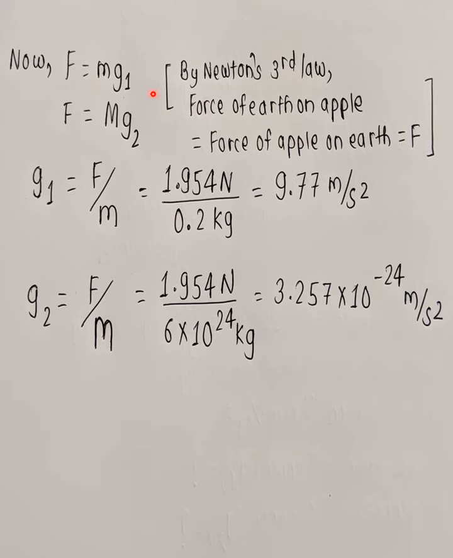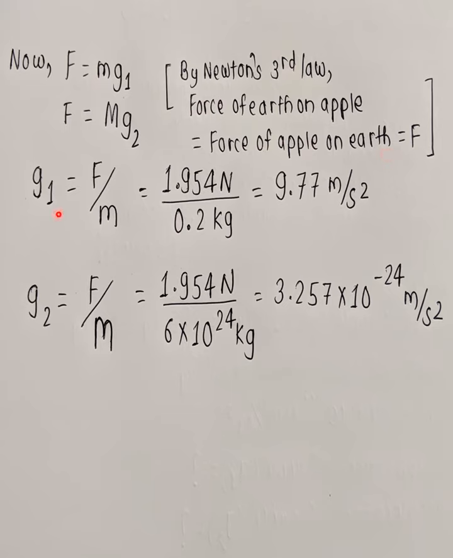In this case, the acceleration is acceleration due to gravity, g1 for apple, and capital M g2, where g2 is the acceleration for earth. Keep in mind, we take the same F because by Newton's third law, the force of earth on apple should be equal to the force of apple on earth.